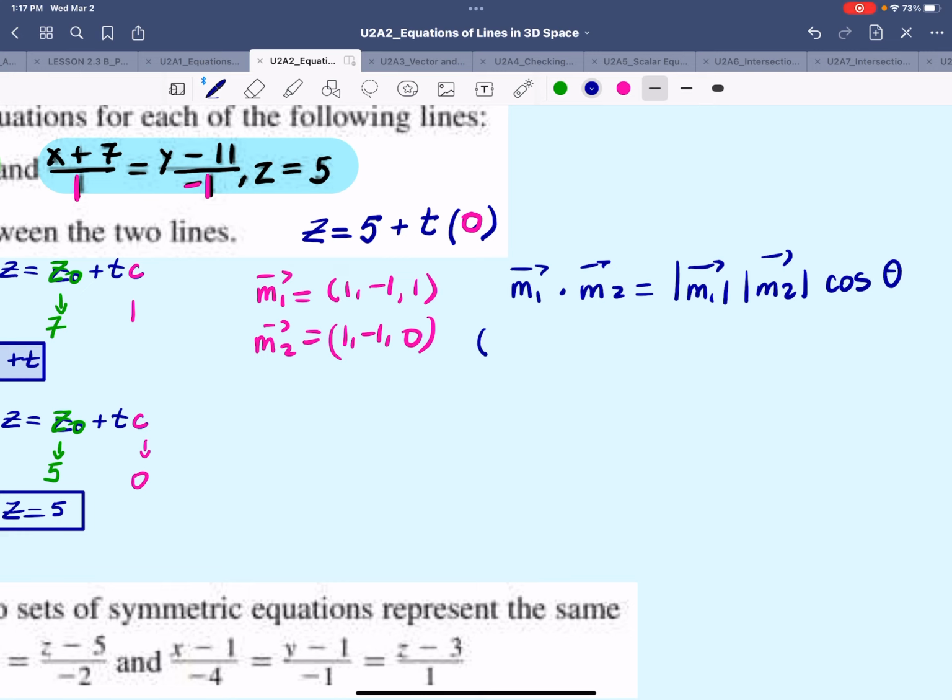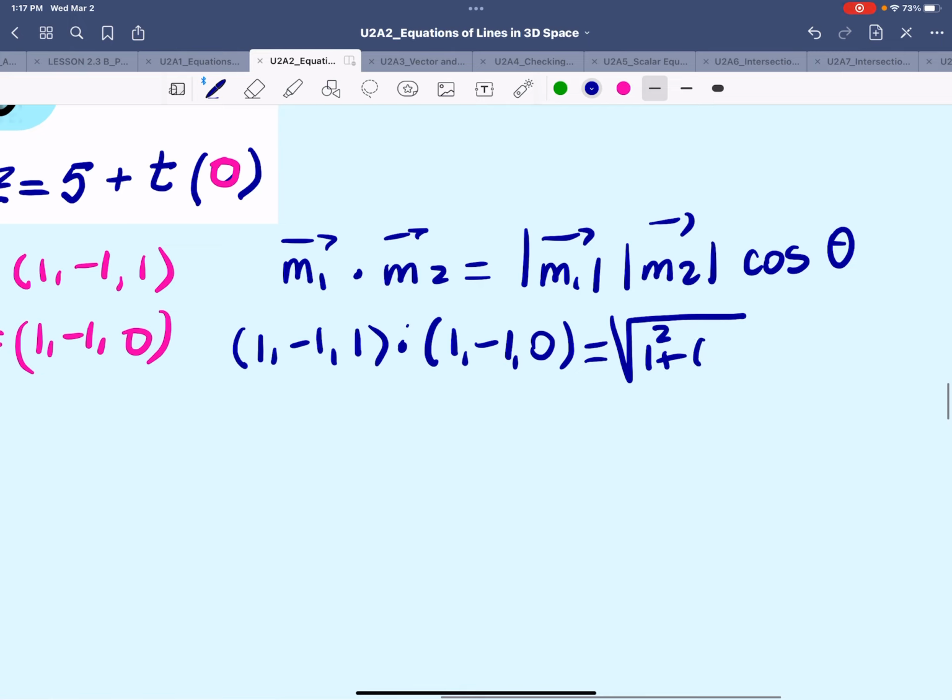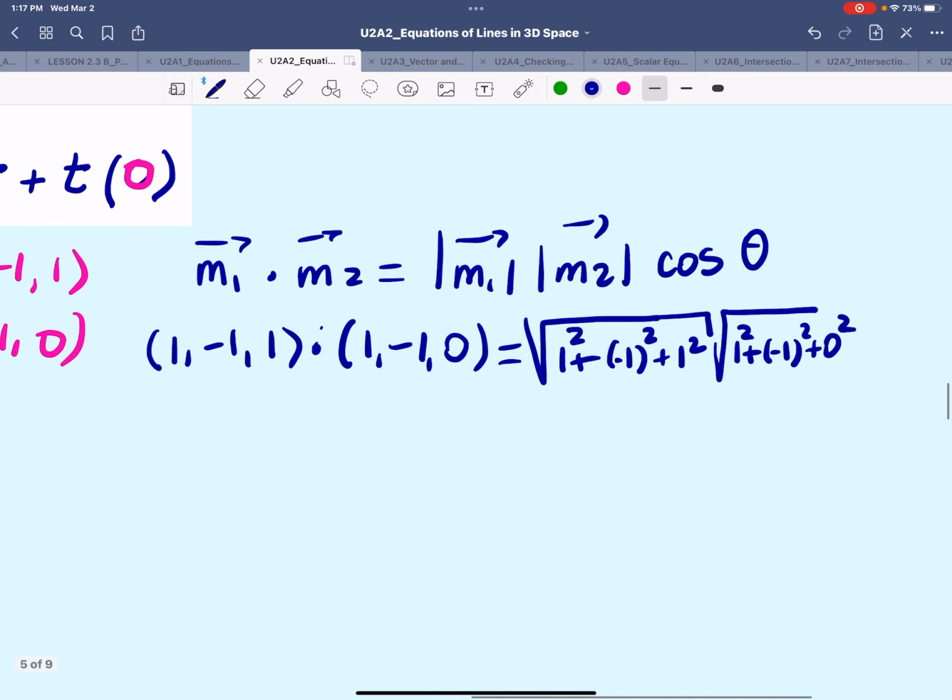So let's put the coordinates in. 1, -1, 1 dot 1, -1, 0 equals the square root of 1 squared plus -1 squared plus 1 squared, multiplied by the square root of 1 squared plus -1 squared plus 0 squared, and then multiplied by cos theta.